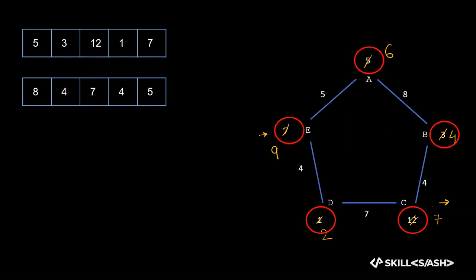Right? That's why we try from here. 9 minus 5, 4, 4 plus 6, 10 minus 8. Yes, from here it seems possible. 9 minus 4, 5 plus 2, 7 minus 7, 0. 0 plus 4, 4 minus 4, 0. So over here we will stop. Right? Over here we will stop.